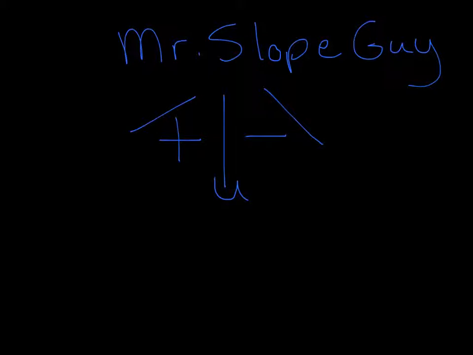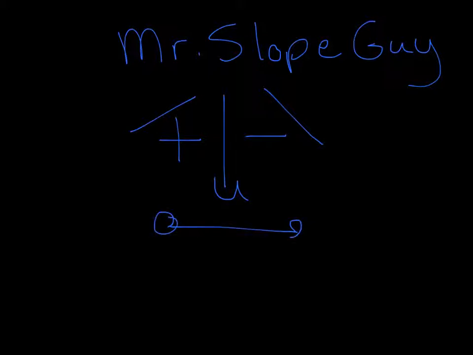So what's the easy way to keep that all in your mind, you ask? Well, I'll tell you, you're going to want to meet somebody named Mr. Slope Guy. Okay? Mr. Slope Guy has a positive eye, kind of an inquisitive eyebrow, a negative eye, another eyebrow, an undefined nose, and he has zero motion.